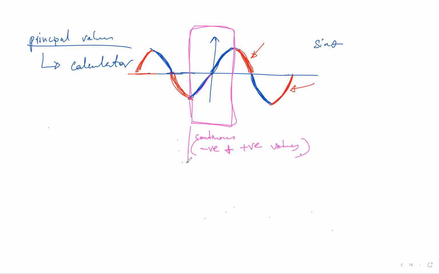And the range here is negative pi over 2 or negative 90 degrees to pi over 2 or 90 degrees. That's for your sine. So what we write is sine inverse of x is given as negative pi over 2 to pi over 2.